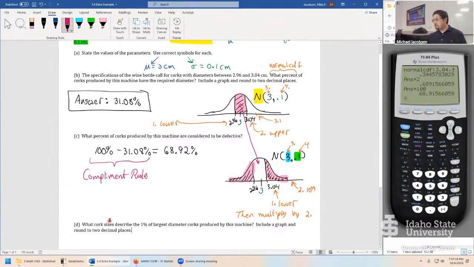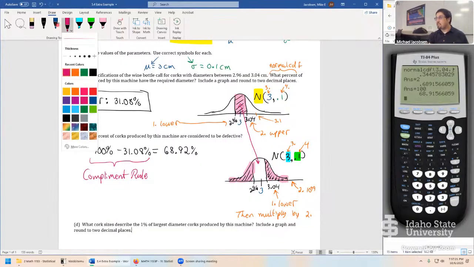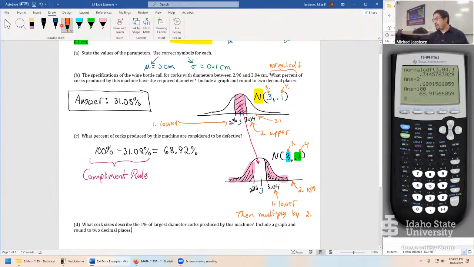So part D says, what cork sizes describes the 1% largest diameters of corks produced by this machine? Include a graph, round to 2 decimal places. This part right here is kind of a giveaway to the problem. When it says 1% largest, this would be the inverse norm function.